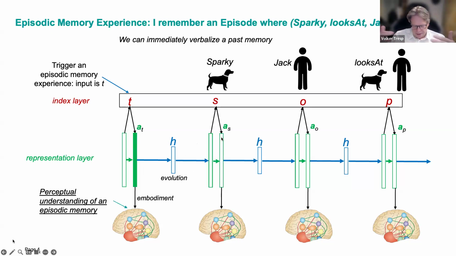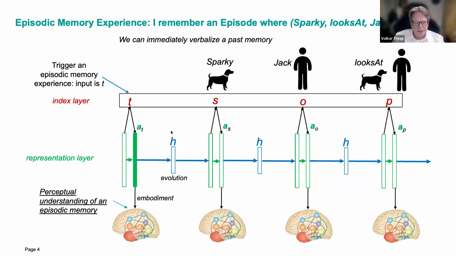So the brain knows that this is now about Sparky, and then the object is detected, maybe Jack, and then the predicate, looks at. Now we have this classical triple structure of knowledge graphs, and everything is fed back to the embedding layer and then also to the embodiment. So this is our idea of how episodic memory works, and this is repeated many times.